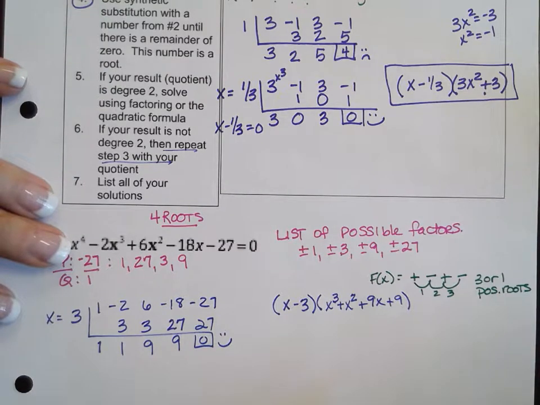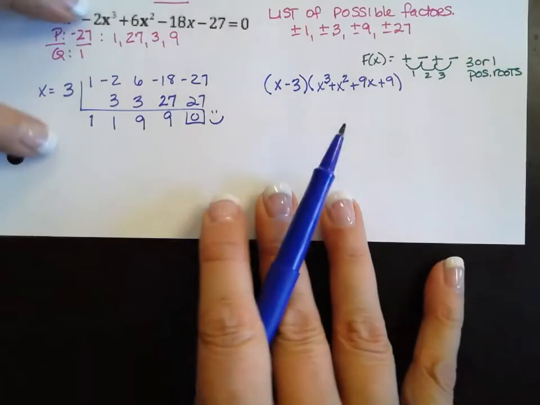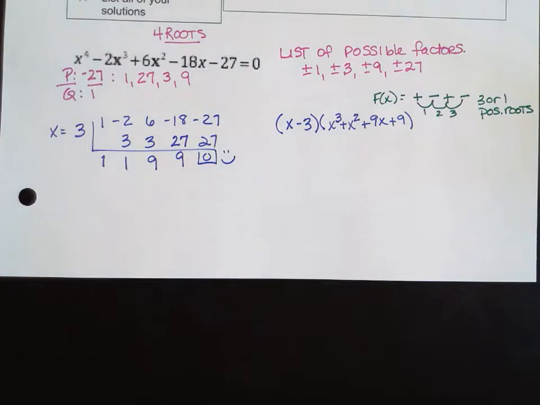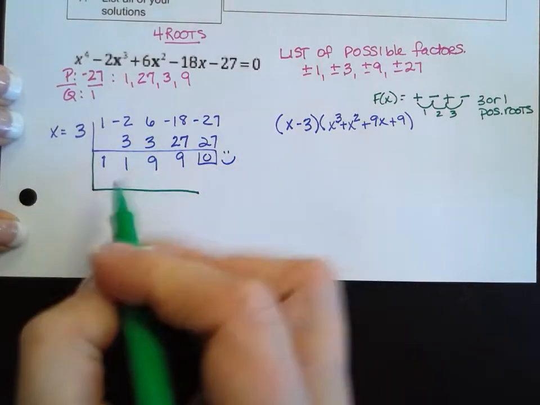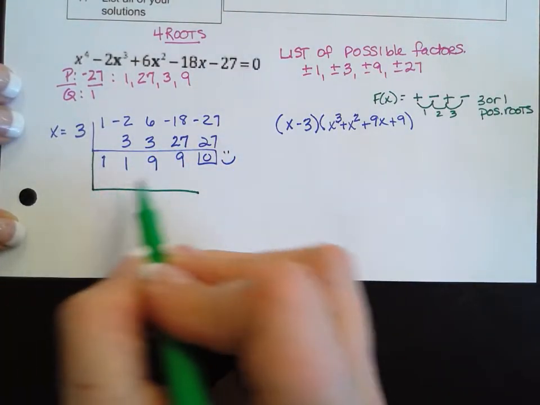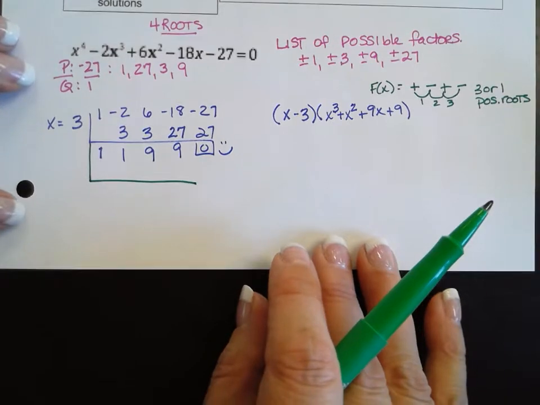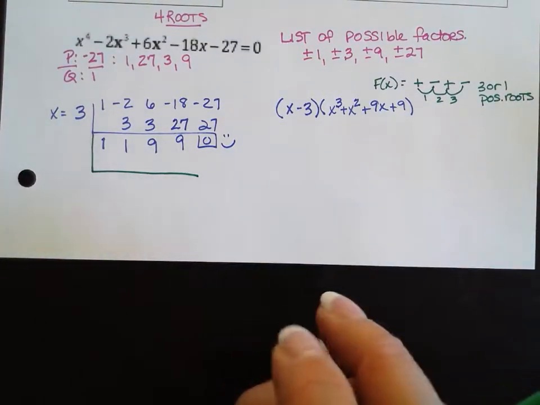Do it again. Just rinse and repeat, basically. All right, so we tried 3 last time. What do you want to try this time? And you're just going to divide into what was left over. All right? What would you like to try this time?